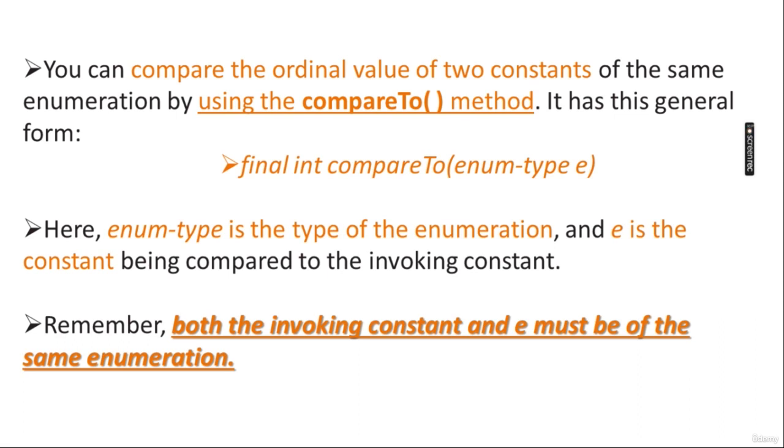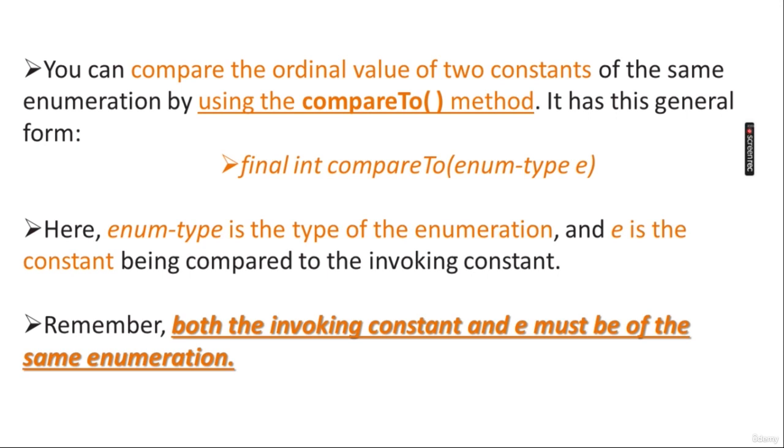Okay. For example, there are two constants and you want to compare the ordinal value, that is the position, of one constant with the position of another constant of the enum. So you can do it using the final int compareTo method. Both the invoking constant and e must be of the same enumeration.